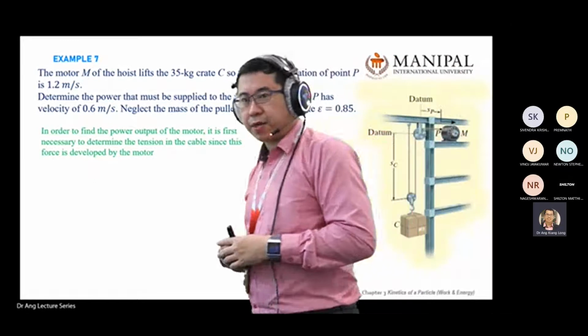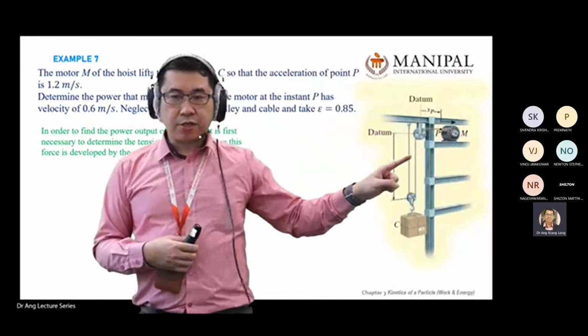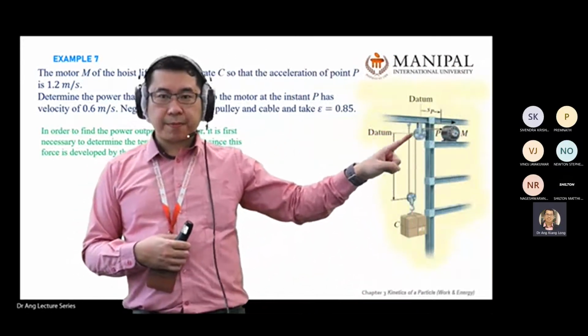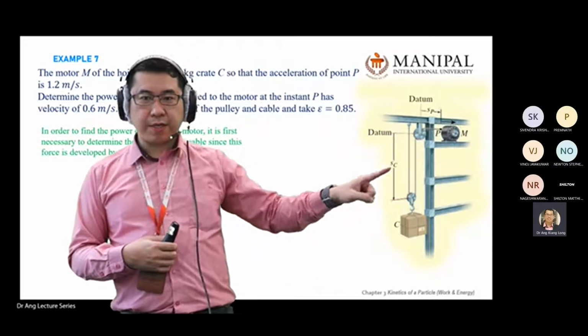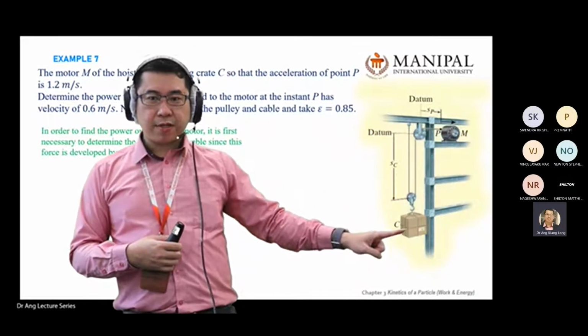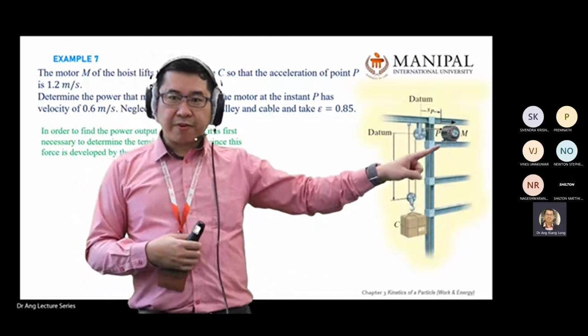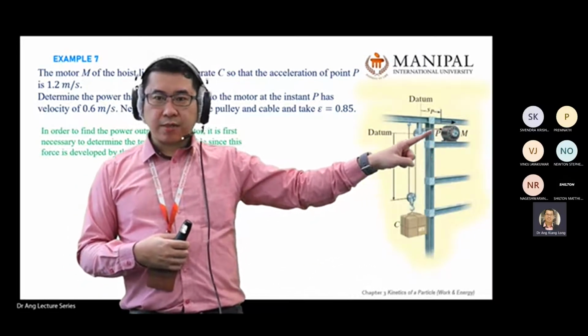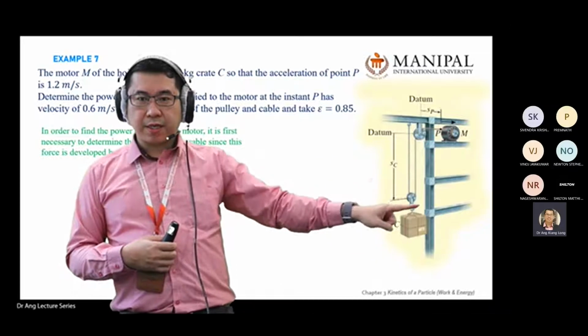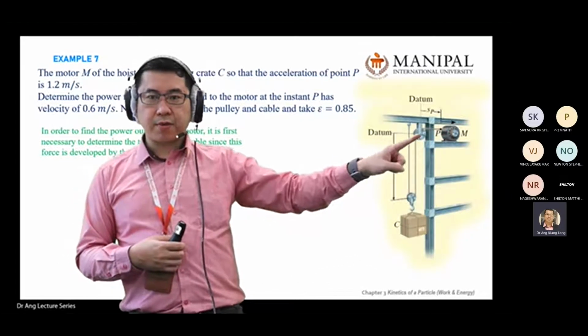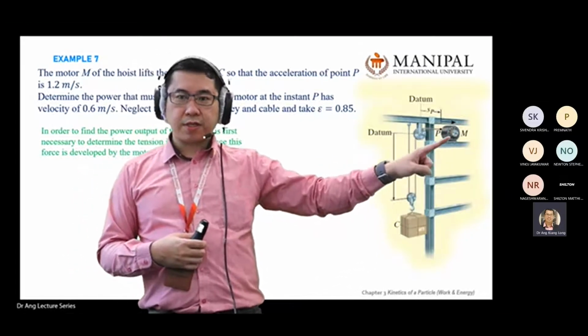Basically what you have here is a pulley system tied to a rope with a parcel, and you have a motor that is pulling the rope here. We want the power of this machine.